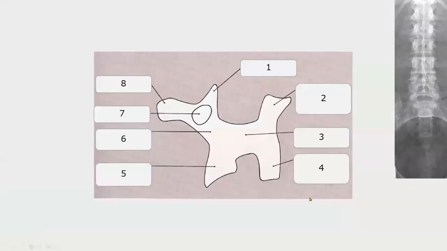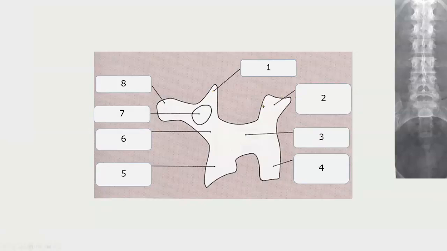Okay, so number one, and this is supposed to be the Scotty dog with all the components. Number one, what is number one? This point here. Superior articular process slash facet. Yeah, process is great. Superior articular facet.